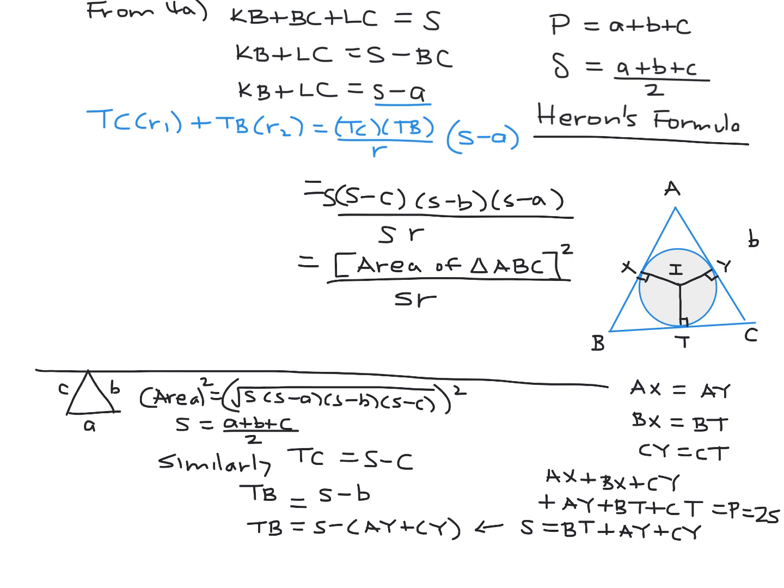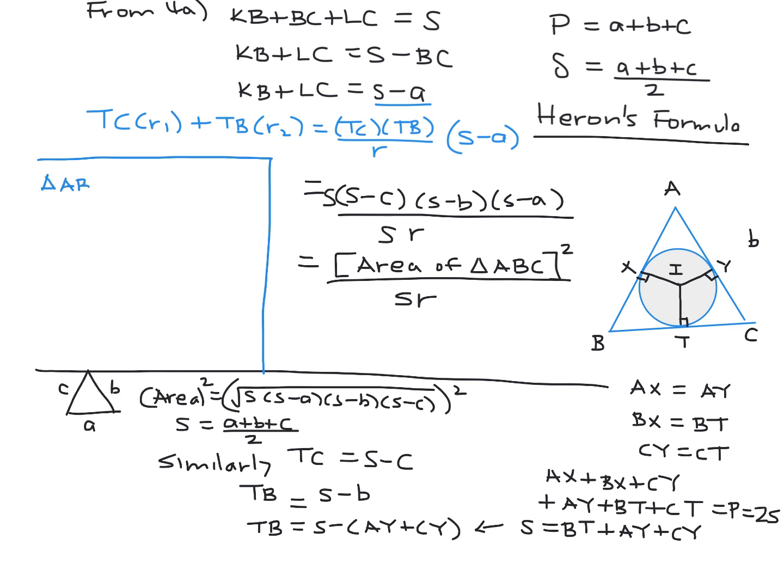Now, SR, what is that? Well, just look at this triangle right there. That will help us get what SR is. I think I can do it here without scrolling down because I want everything to stay on the same page.